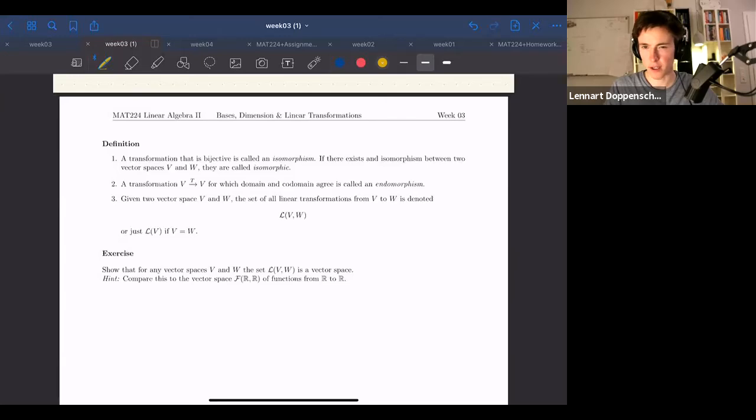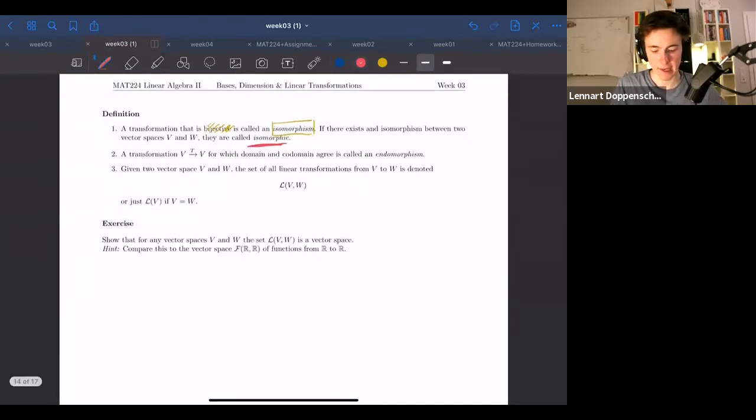We don't really want to deal with functions when we talk about vector spaces, because they don't play nicely with the operations. That's the reason why we single out transformations, because they behave nicely with the operations. So we just upgrade the word bijective to isomorphism in the setting of vector spaces. And when there are two vector spaces which do have an isomorphism between them, then we call them isomorphic. And we're going to see later what this really means.